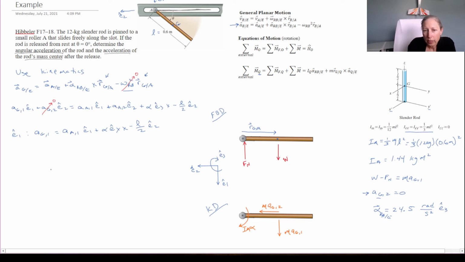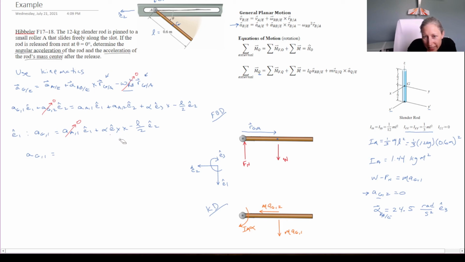And we already said that the acceleration of point A in the E1 direction has to be 0, right? Because it's being constrained to move horizontally by that slot. So the acceleration of G in the E1 direction has to be alpha.